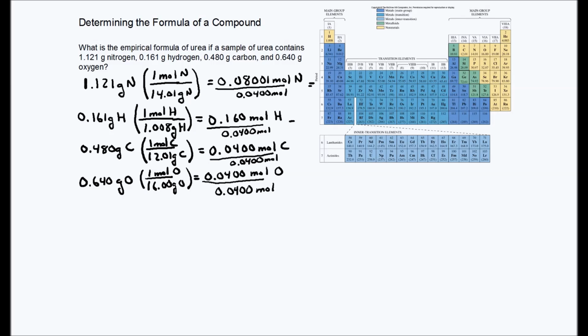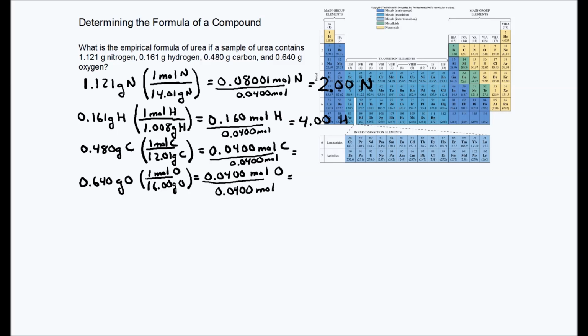In each case I do this math, and this gives me a ratio of the elements. So 0.08001 divided by 0.0400 gives me 2.00. Sorry for having to write there on top of the periodic table, but you get the point. And that's nitrogen. 0.16 divided by 0.04, I get 4.00.